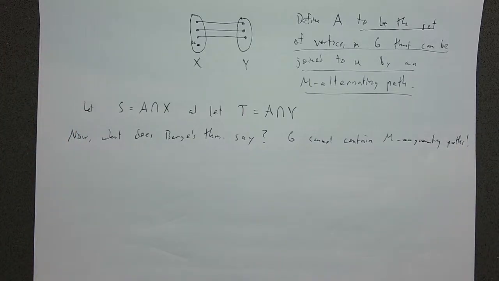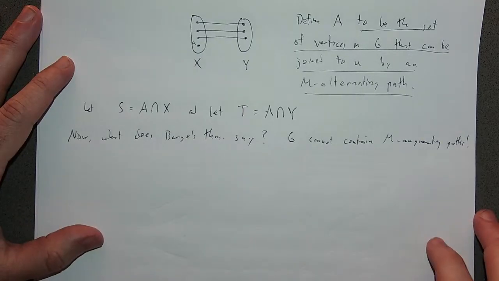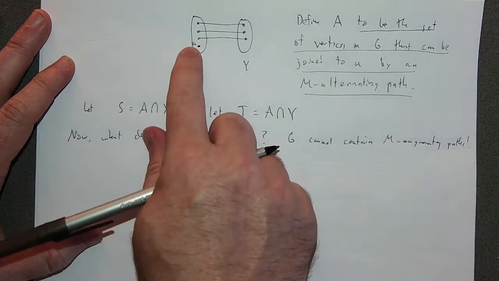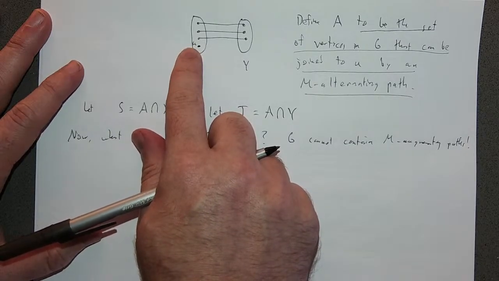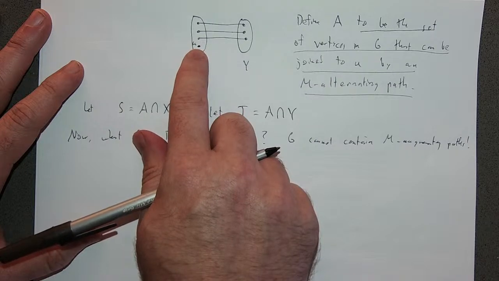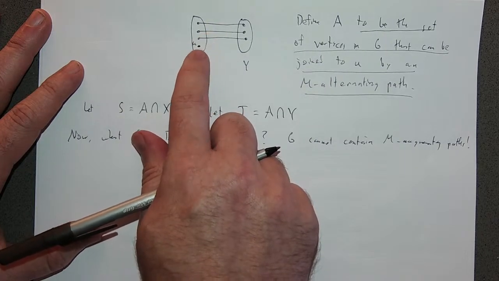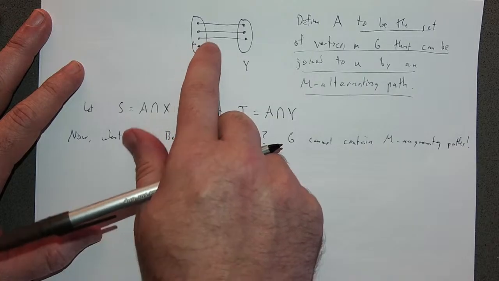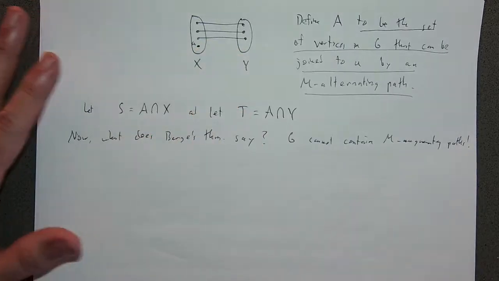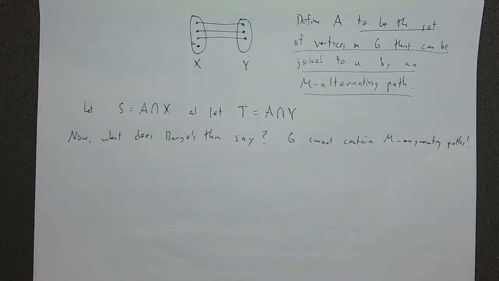Okay. Well, if U is not saturated by M, then if a path begins at U and is M alternating and ends somewhere not in M, that would be an M augmenting path, which shouldn't be able to exist.